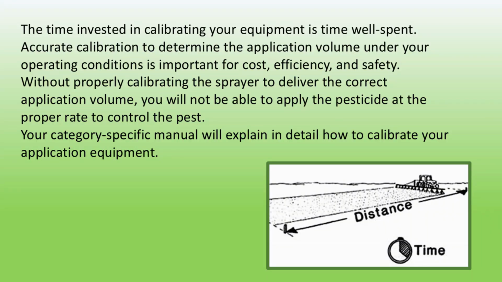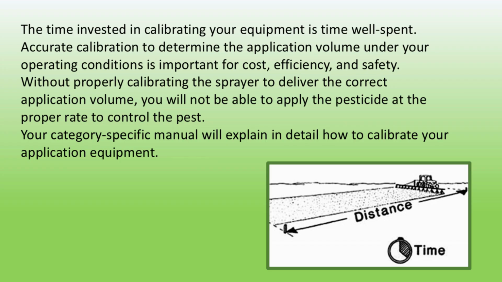The time invested in calibrating your equipment is time well spent. Accurate calibration to determine the application volume under your operating conditions is important for cost, efficiency, and safety. Without properly calibrating the sprayer to deliver the correct application volume, you will not be able to apply the pesticide at the proper rate to control the pest.